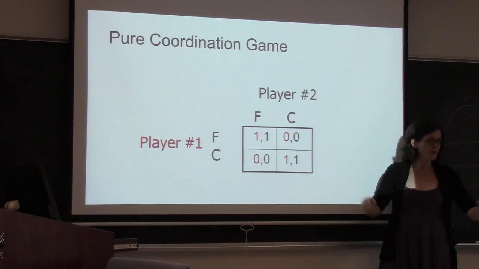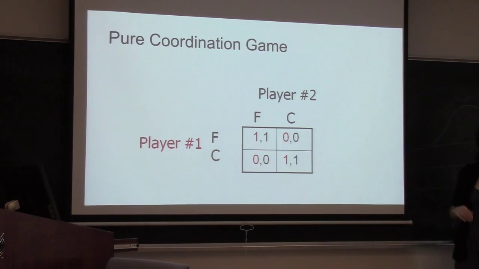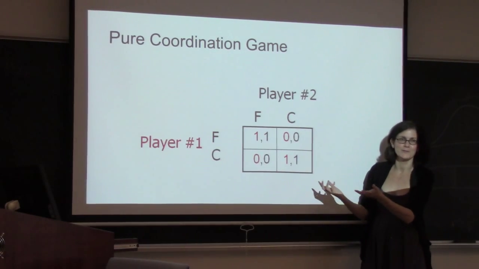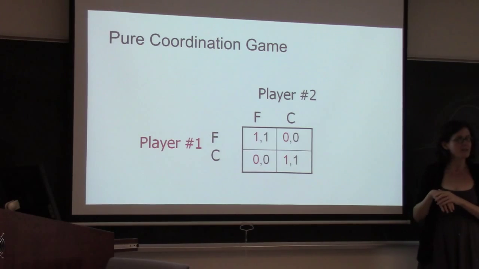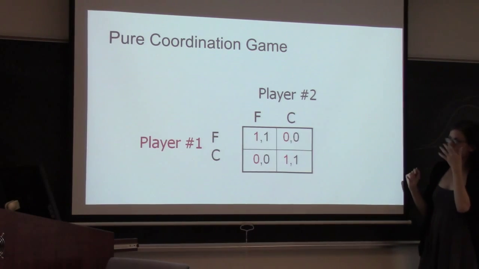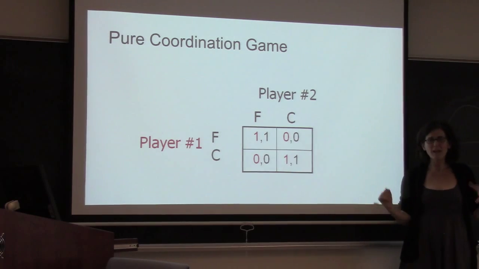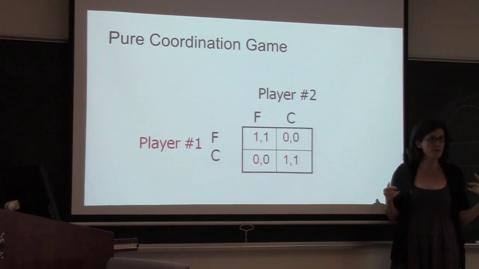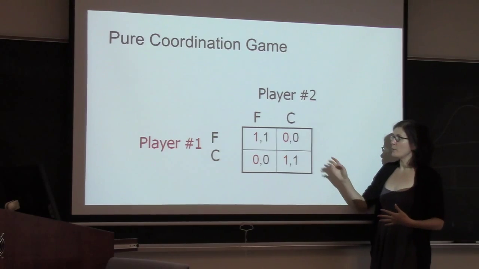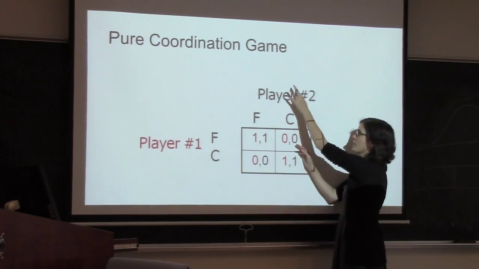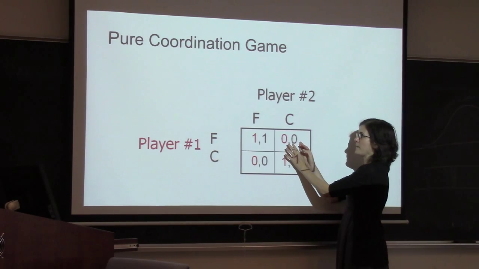Cool. So one of the easiest ways to figure out what people do, besides saying it's obvious, because sometimes it's not so obvious, is to think of it this way. Start in any square and ask yourself, do the players stay there? So for example, we could start here where player 1 chooses fridge and player 2 chooses cupboard.